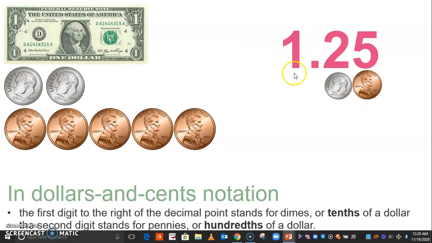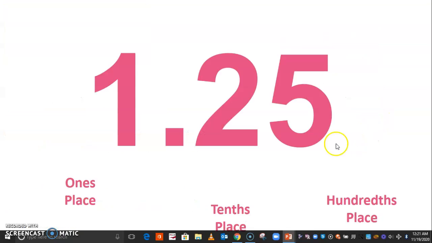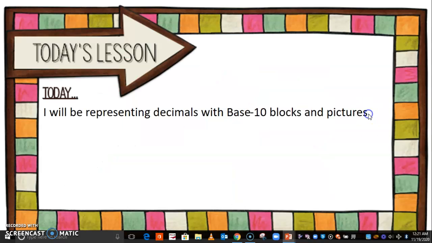So you have your whole, tenths, and hundredths, because there are 10 dimes in a dollar. There are 100 pennies in a dollar. Okay, and here's my whole, one whole. Okay, my ones place, my tenths place, my hundredths place. And then here it is just written out really big. Ones place, tenths place, hundredths place. Make sure we have these THs though. Changes the whole meaning when you don't have those.